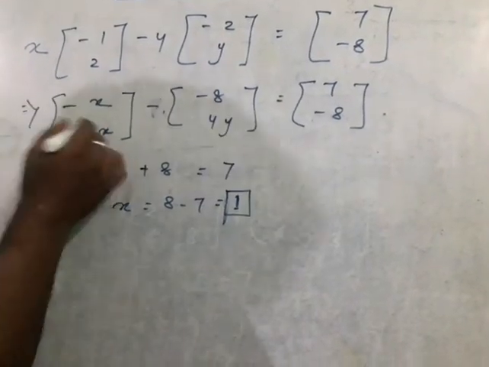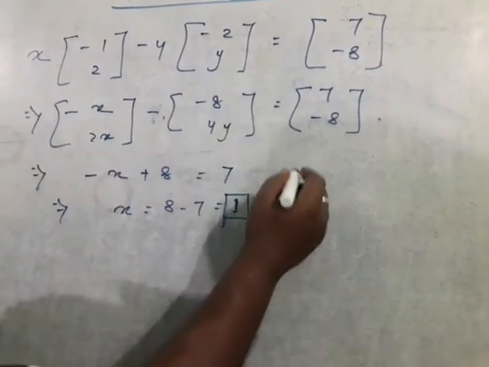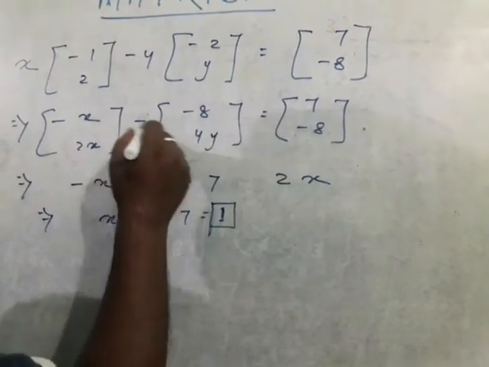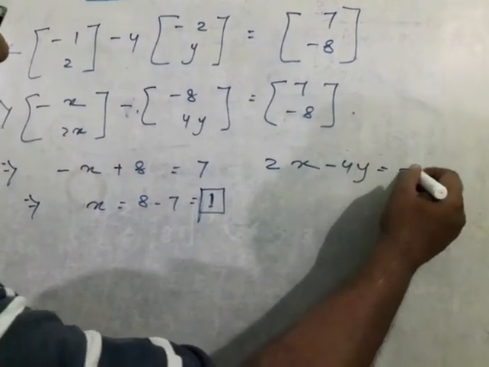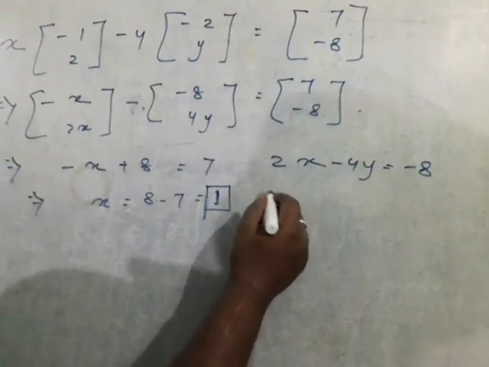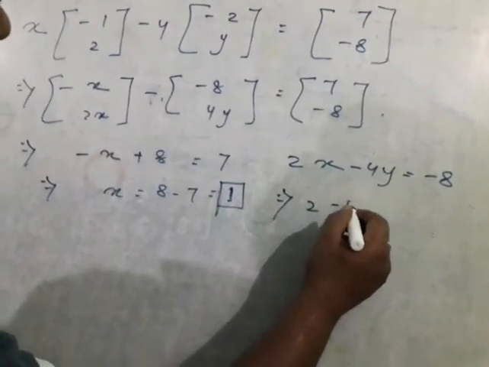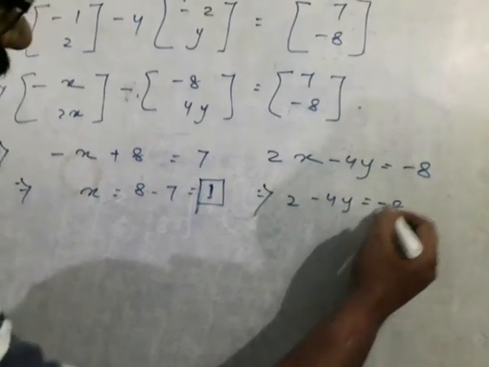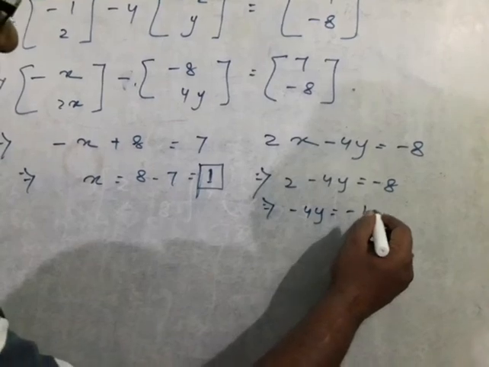Similarly, the second equation gives 2x minus 4y is equal to minus 8. Putting the value of x as 1, we get 2 minus 4y equal to minus 8, or in other words minus 4y equal to minus 10.